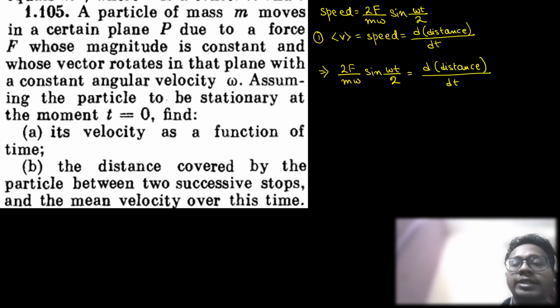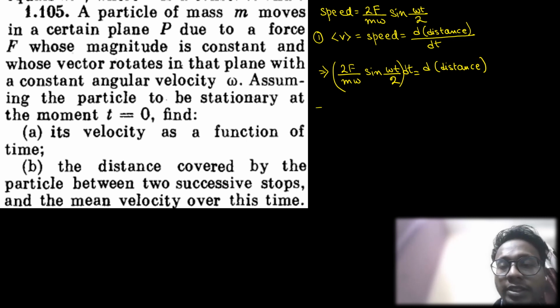Can I send dt to the left hand side? Now if I integrate this equation, I'll get the value of distance.